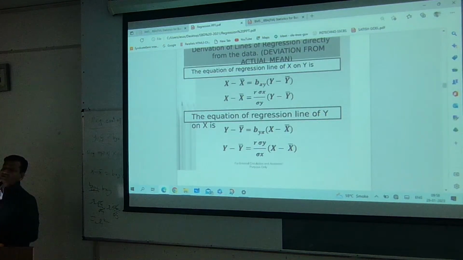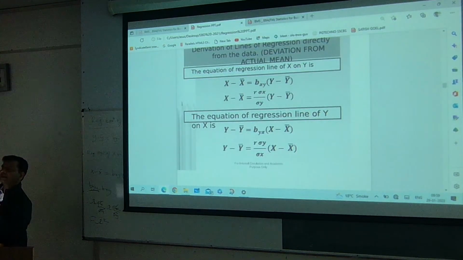So that means the correlation coefficient is equal to the square root of the multiplication of both regression coefficients, or you can say r square of the correlation coefficient is equal to the multiplication of both regression coefficients.